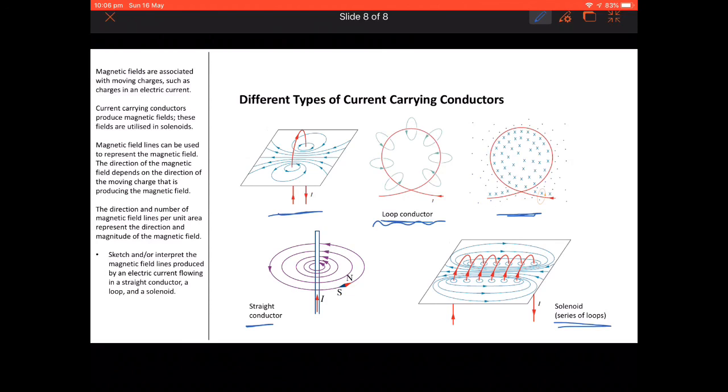So maybe look at your notes or your handout and compare the magnetic field lines of this one to the magnetic field lines of a bar magnet. Essentially all you need to be able to do is sketch and interpret these magnetic field lines for these different types of current carrying conductors, and use the right hand rule in order to be able to do that.